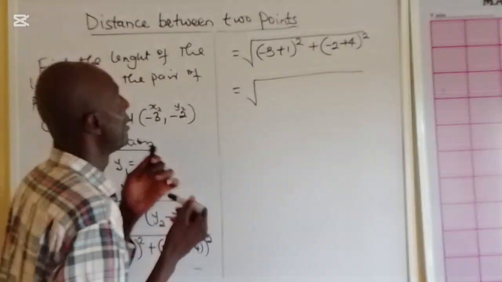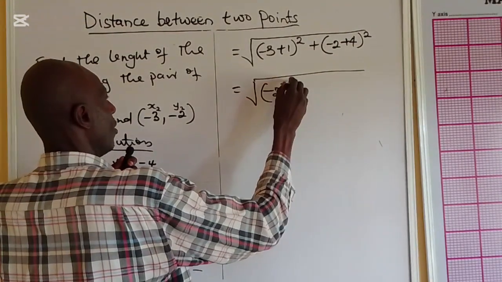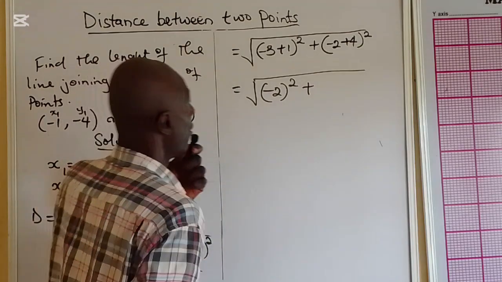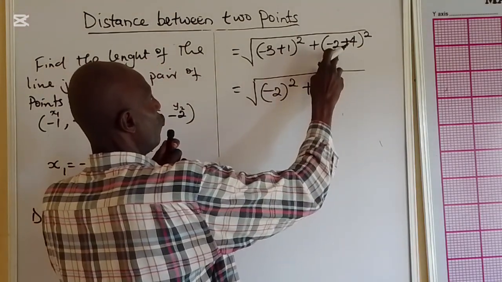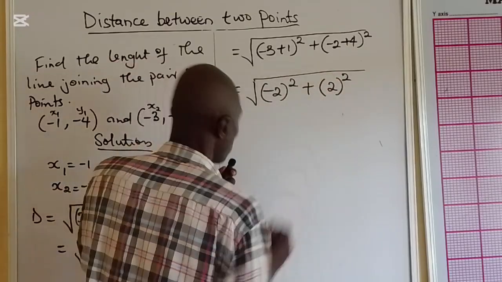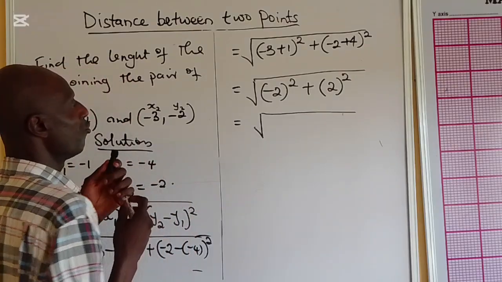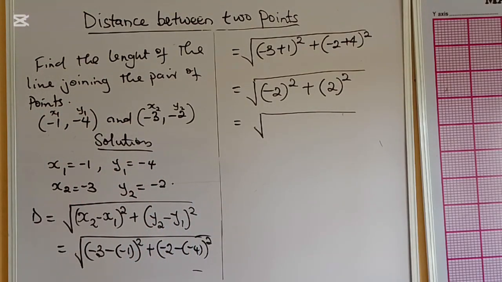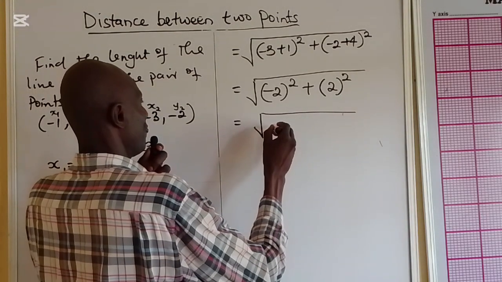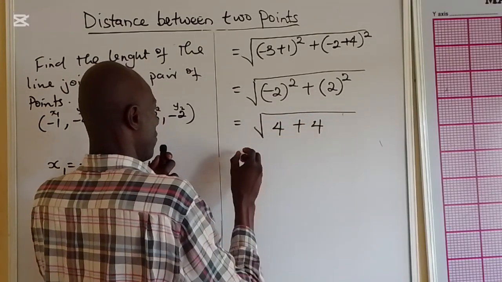So simply put, minus 3 plus 1 is minus 2, so minus 2 all squared, plus minus 2 plus 4 is 2, 2 all squared. Minus 2 squared means minus 2 times minus 2, which gives us 4. 2 times 2 is another 4.